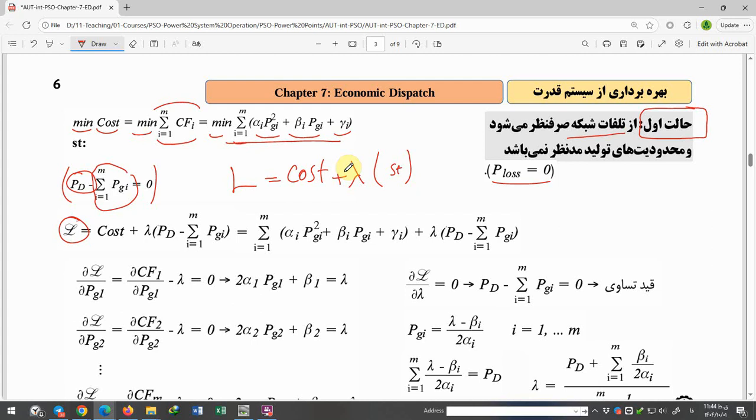The cost is the sigma of cost functions of generators plus lambda times the constraint. The constraint is here: PD minus sigma PGi is the constraint.